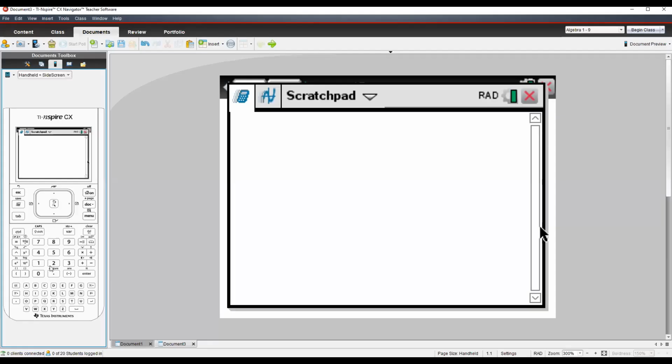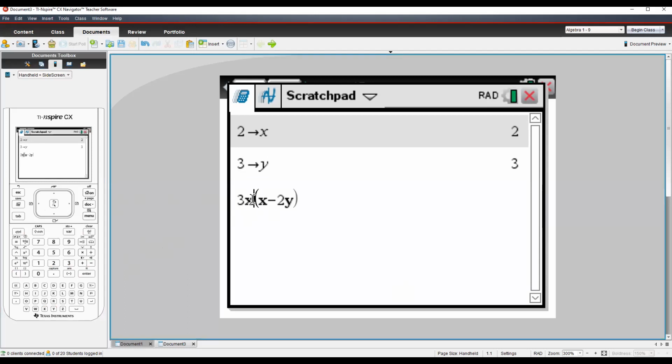I'm going to store 2 into x, and then I'm going to store 3 into y, press enter. And then what I'm going to do is I'm going to say 3x parentheses x minus 2y. All right, now I'm going to fix this real quick.